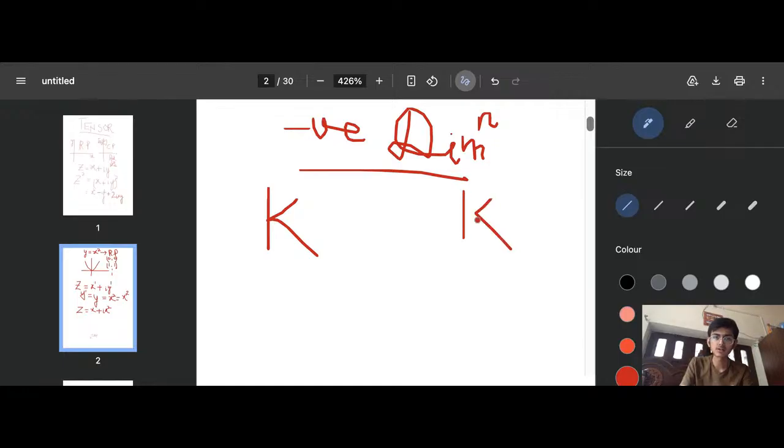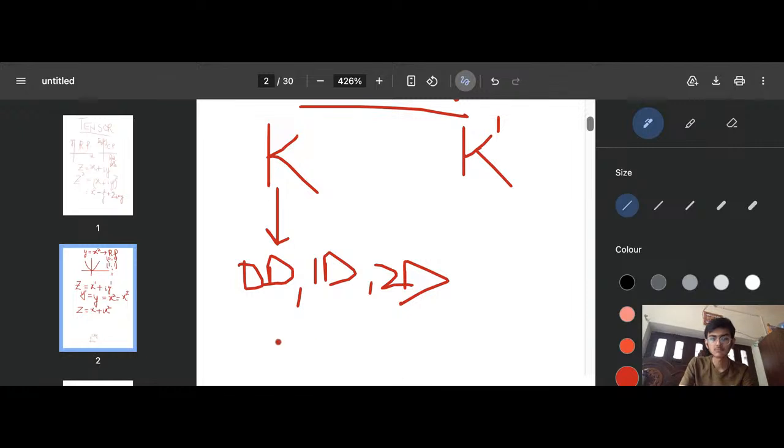K is your normal coordinate system where you are discussing the dimensions like 0D, 1D, 2D, and up to 4D also, 5D, whatever you want to discuss.